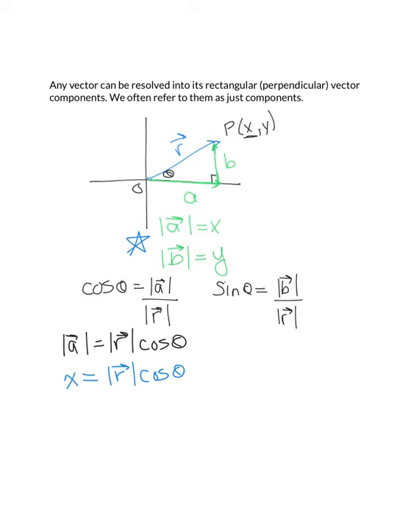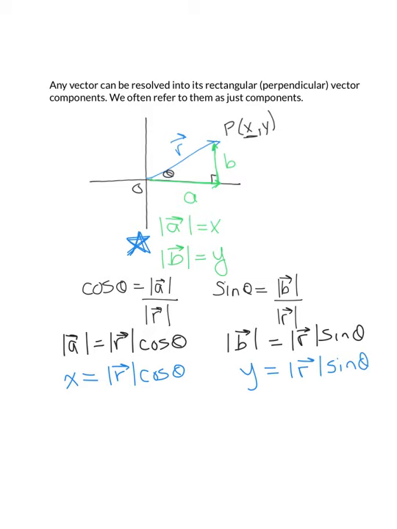I can do the exact same thing for sine. So I would have the magnitude of B is equal to the magnitude of r sine theta. And then again, in this blue star up here, I said that the magnitude of B is equal to y. So y is equal to the magnitude of r sine theta.